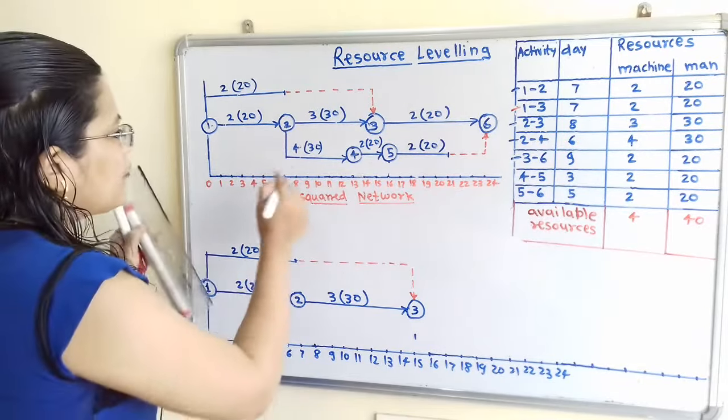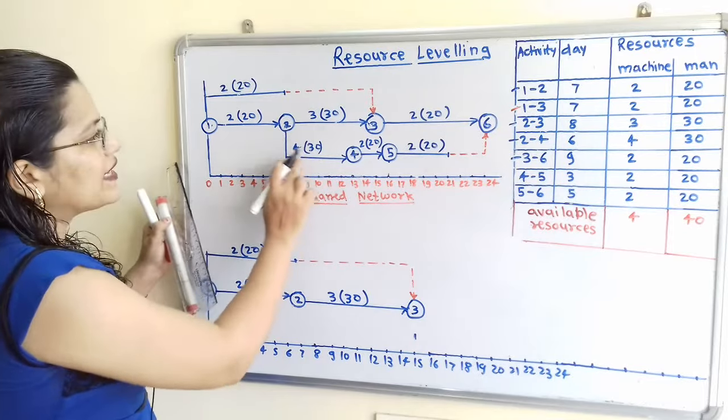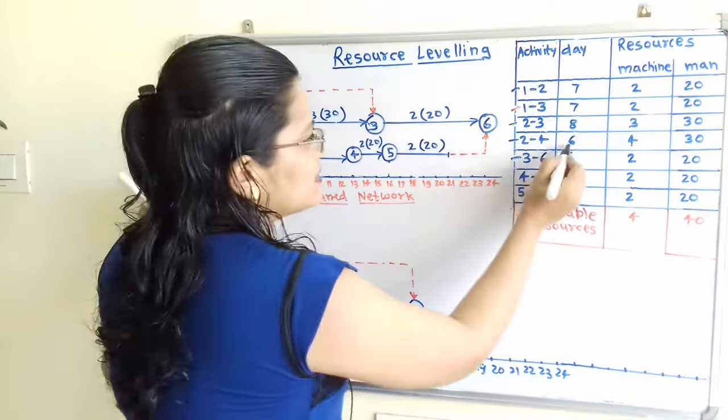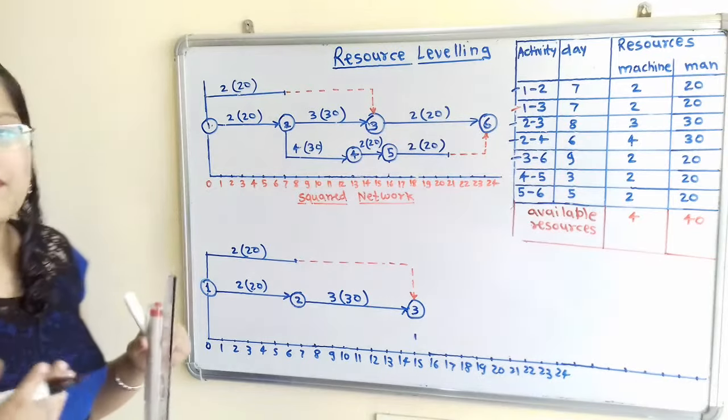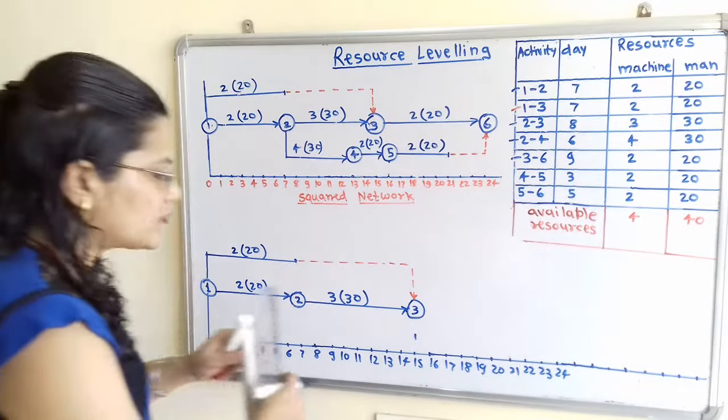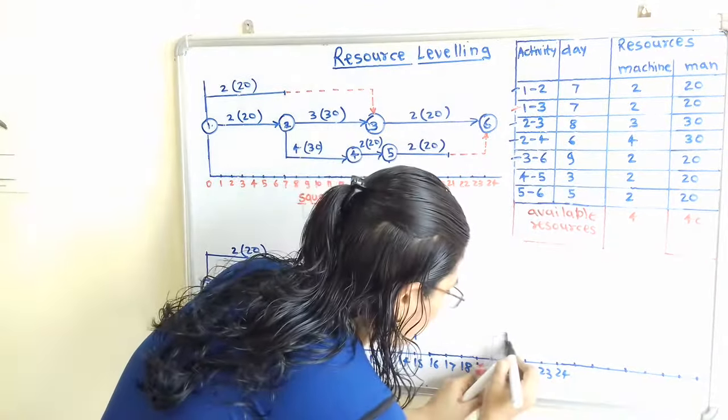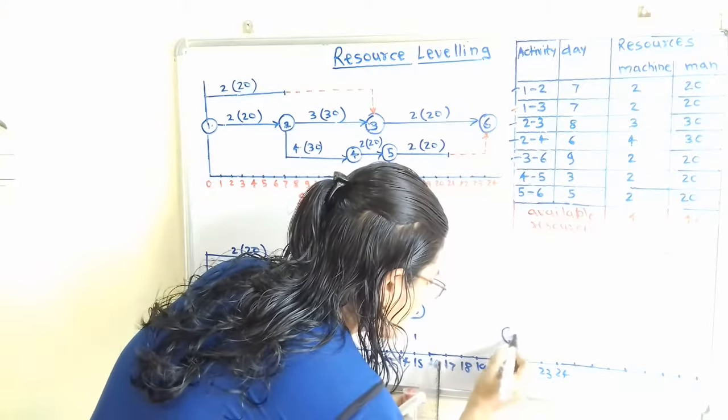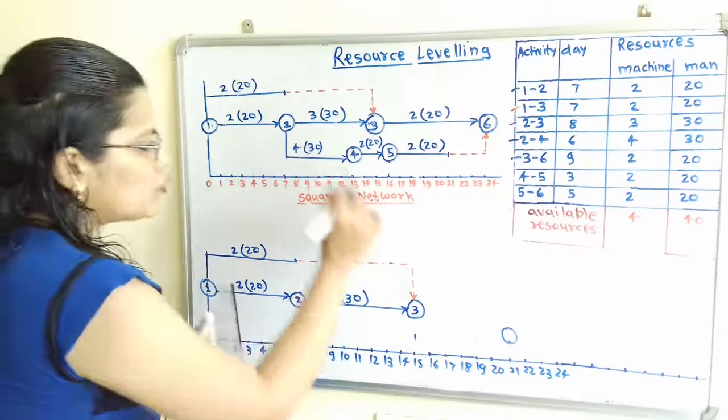Here we have to take how many days are required for 2 to 4? That is 6 days. So 15 plus 6, that is 21. So I will mark one point here at 21, and here we have to show node 4.